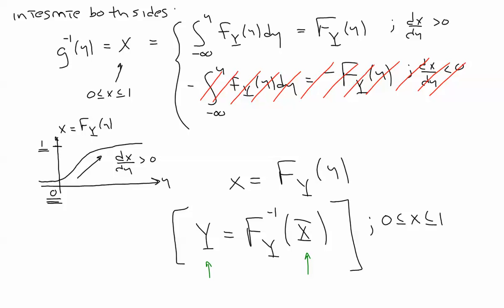All right. Let's do several examples. First, I'm going to assume for all these examples that my cumulative distribution function for x is uniform on 0 to 1.